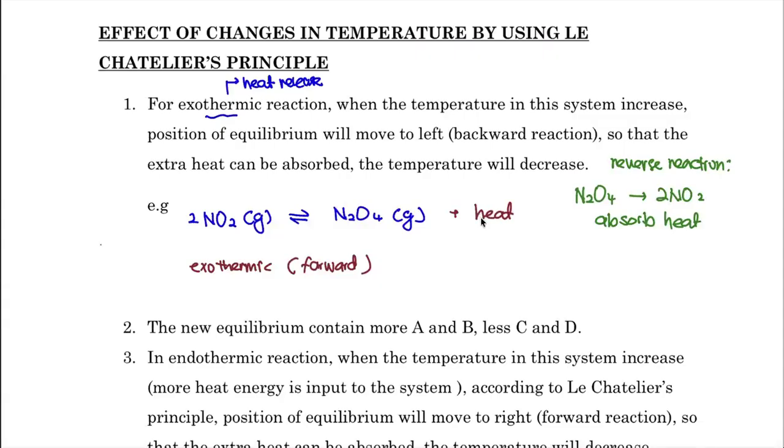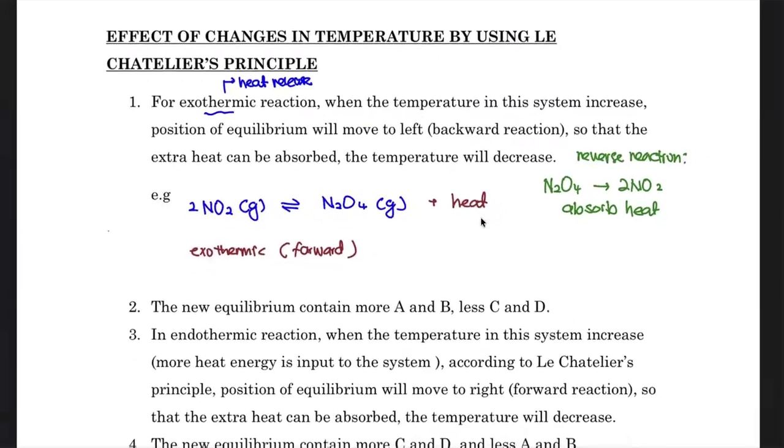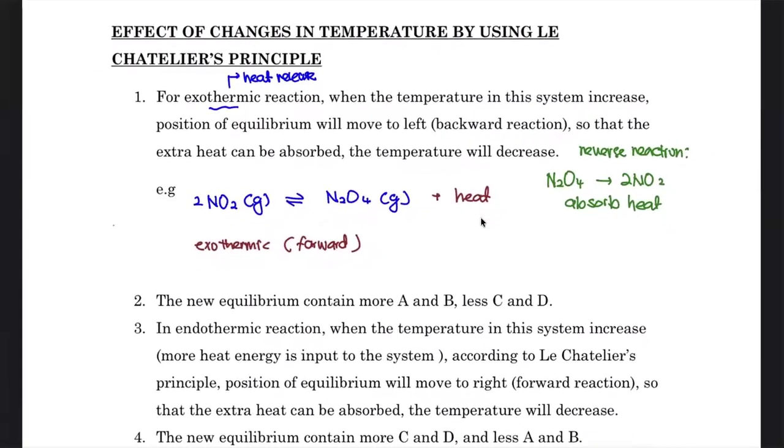Okay, if I want to disturb the equilibrium, what does it mean? It means if I increase the temperature in this exothermic reaction, we add more heat. When the temperature in the system increases, it means I give more heat.